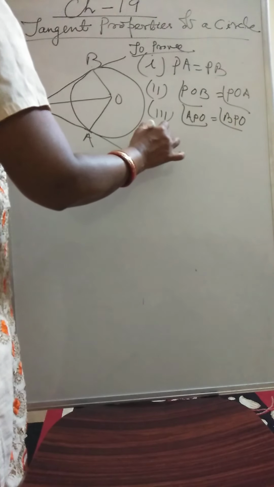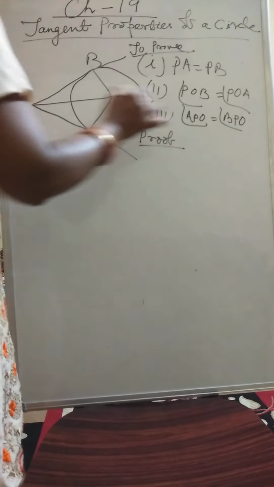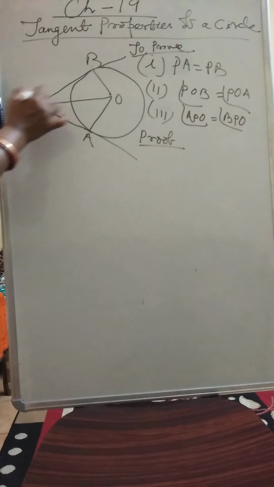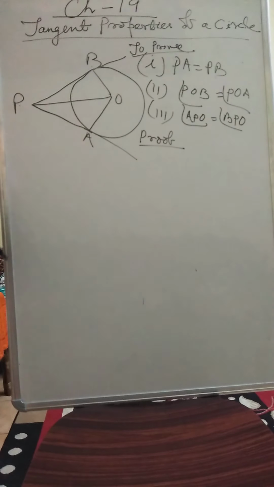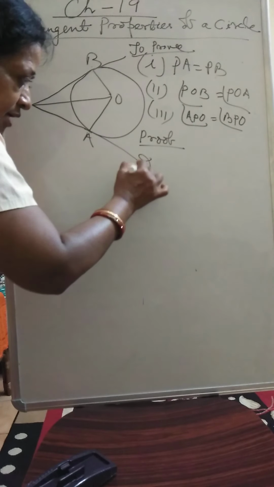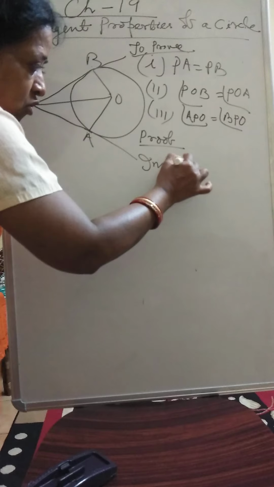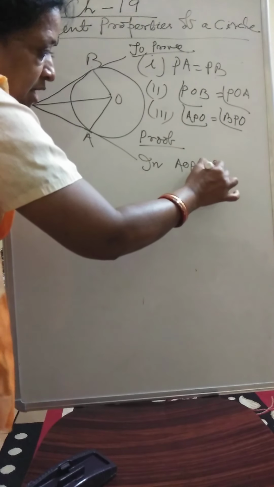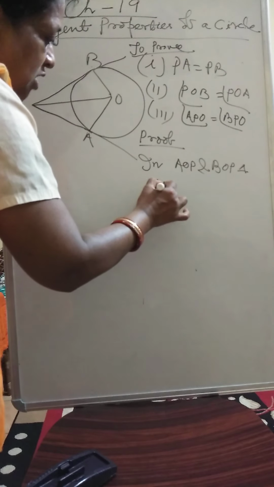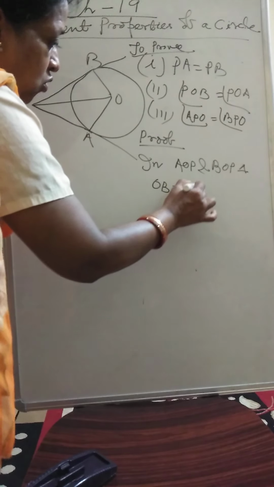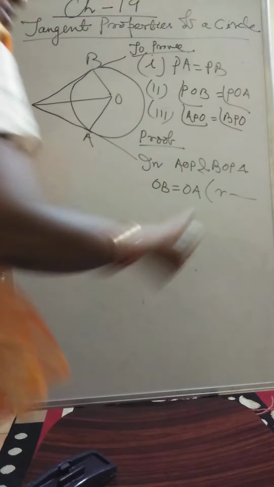Now proof part. In AOP and BOP triangle, I can write, children, OB equal to OA, radii of the circle.